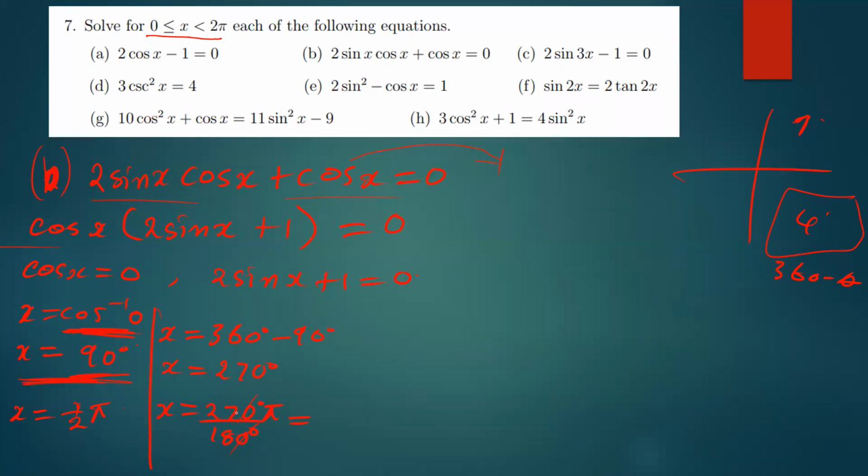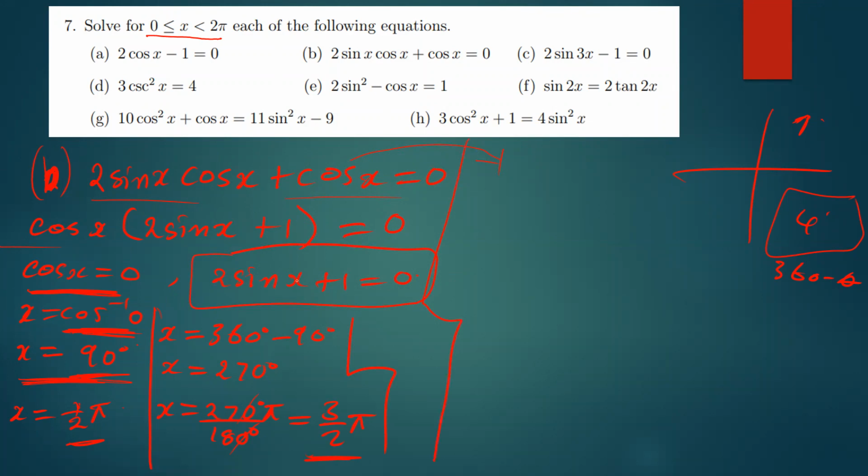Then we know that 9 can go into 27 and into 18. So this will give us 3 pi over 2. Yeah, so this is what we have in radians. So we have found two answers for the first equation, which is cos x is equal to 0. So we also have to work out the second equation independently. So let us do it separately.